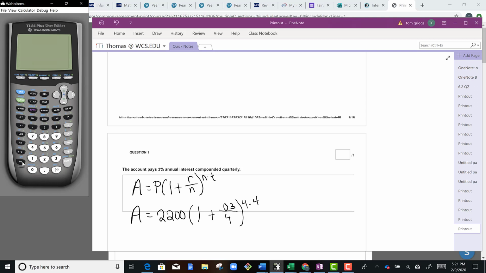When typing this in, I like to just type it in all at once. So 2,200. I'm going to use the alpha y equals button to make sure I type in that fraction properly and make sure my calculator follows the proper order of operations for this problem.